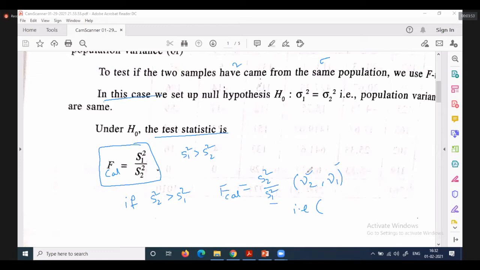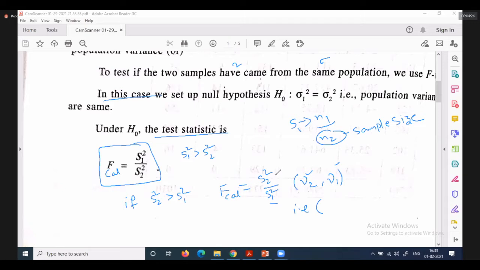The first random sample size is generated by N1, and the second random sample size is generated by N2. The degrees of freedom depend on that.